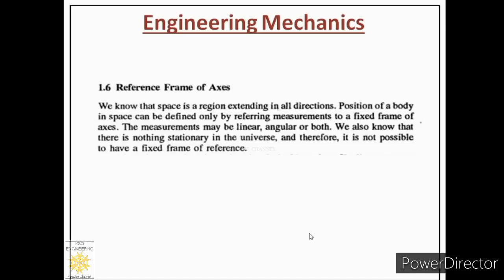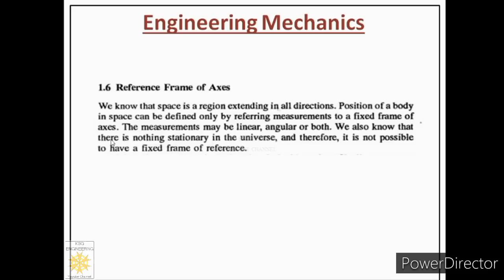Now, next topic is reference frame of axis. We know that space is a region extending in all directions. Position of a body in space can be defined only by referring measurements to a fixed frame of axis. The measurements may be linear, angular, or both.